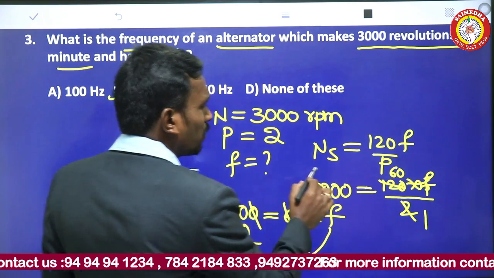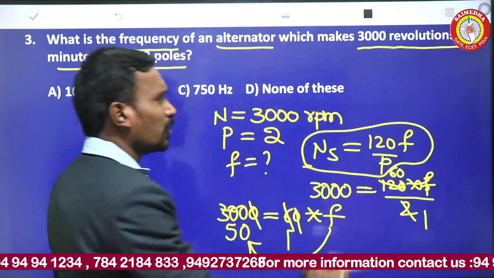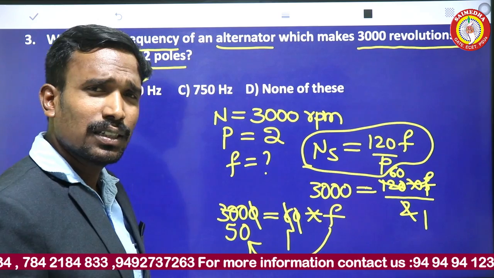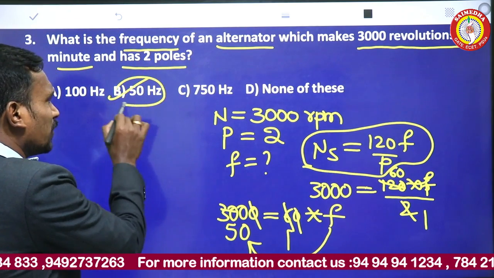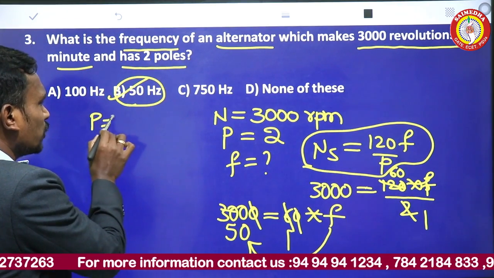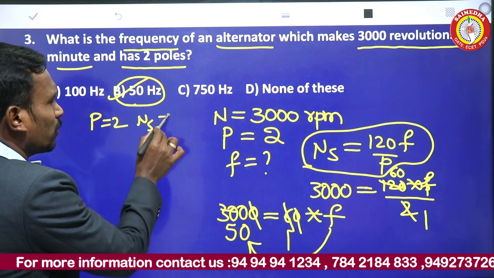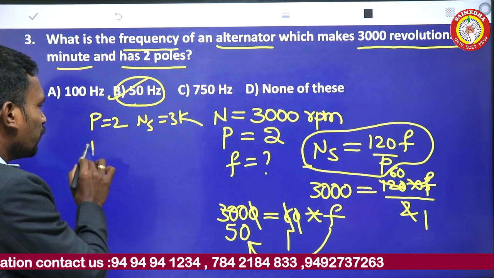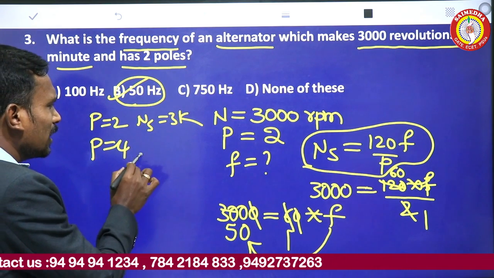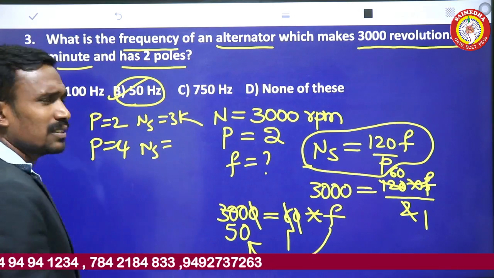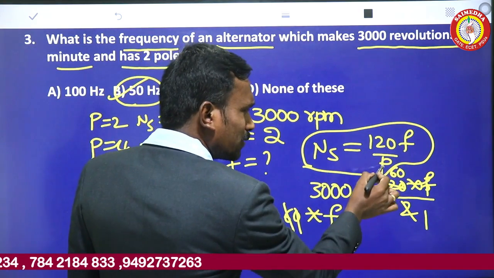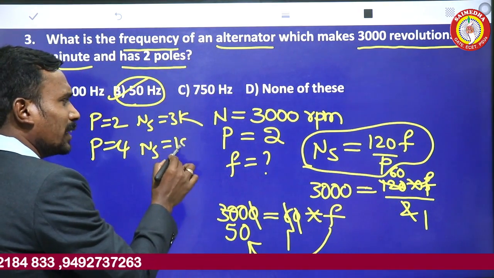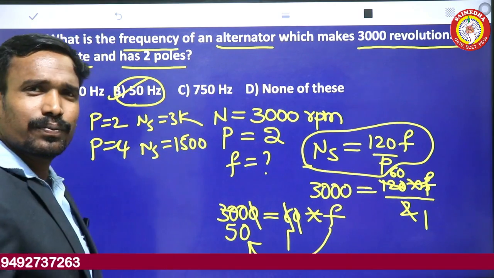So this is the formula which is very important: Ns is equal to 120 f by P. For 50 Hz, if we are using 2 poles, its synchronous speed is 3000 rpm. If we are using 4 poles, with 50 Hz, you will get 1500 rpm.